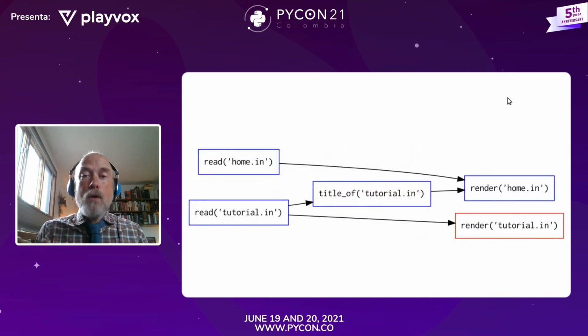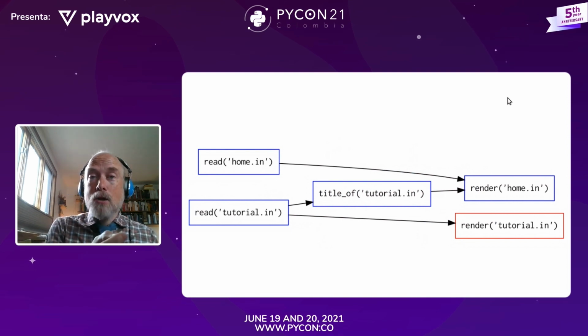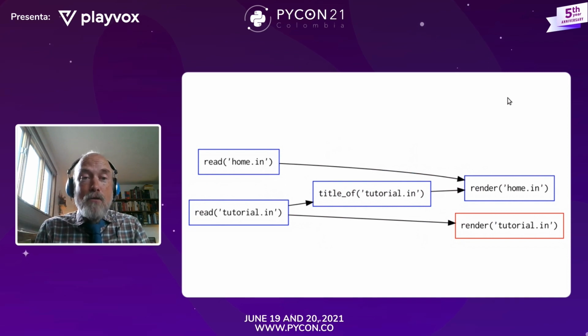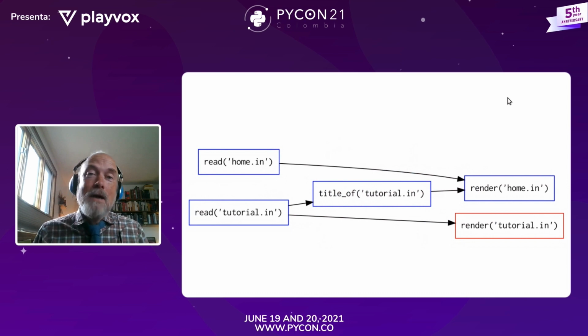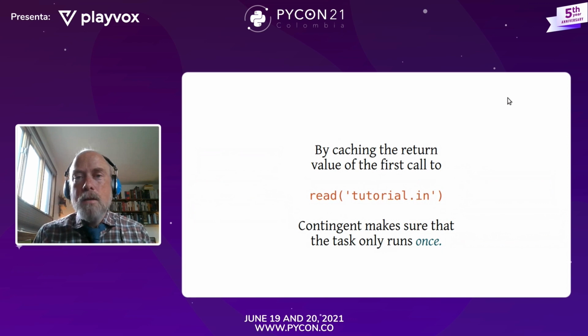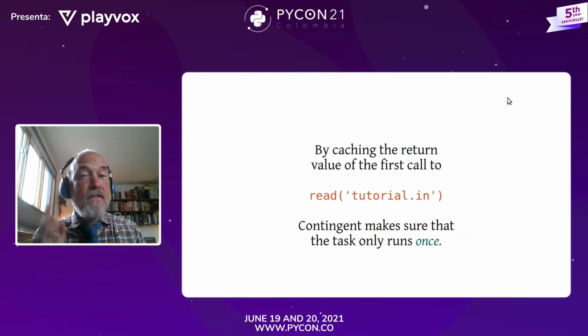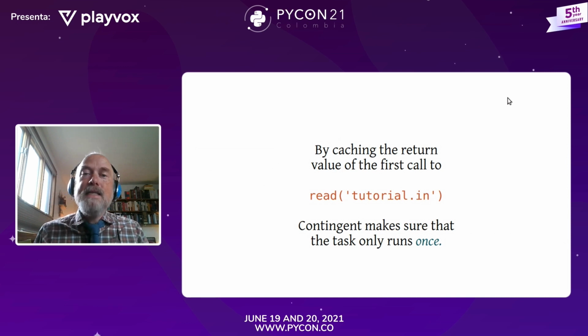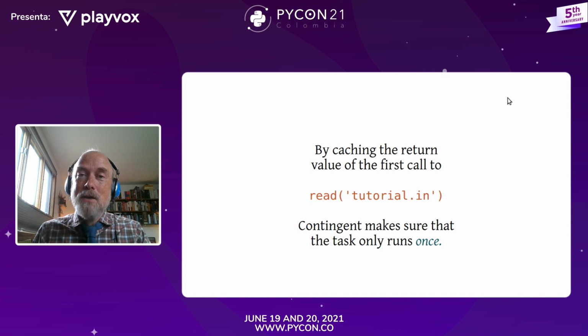So we now can have render tutorial.in. When it calls read tutorial.in, we can have it reuse the value from earlier and skip doing any redundant work. By caching the return value of the first call to read tutorial.in, Contingent makes sure that this task only runs once.